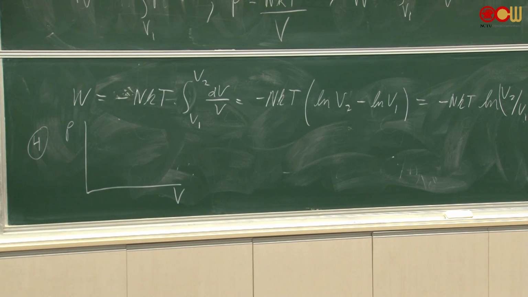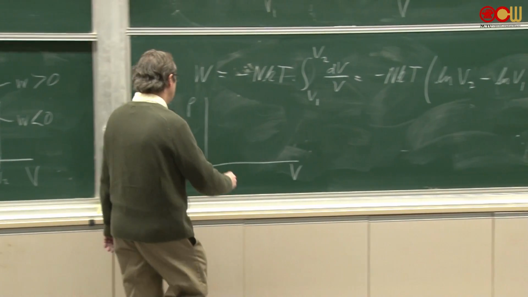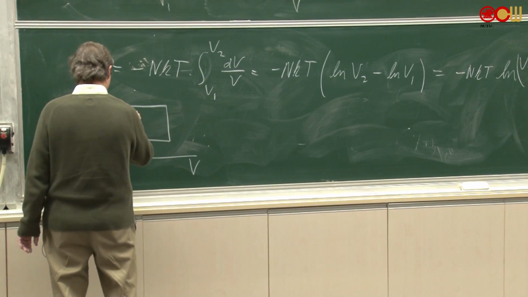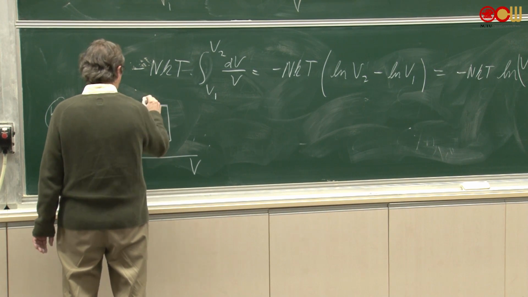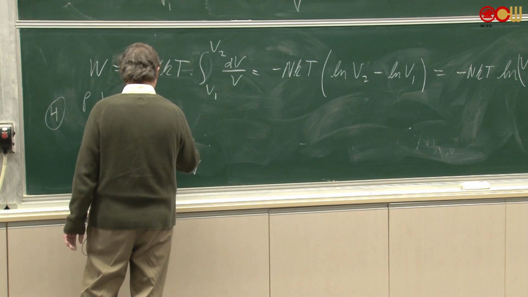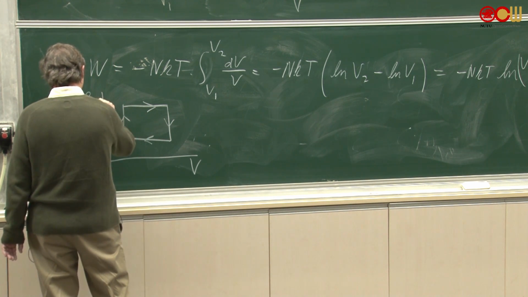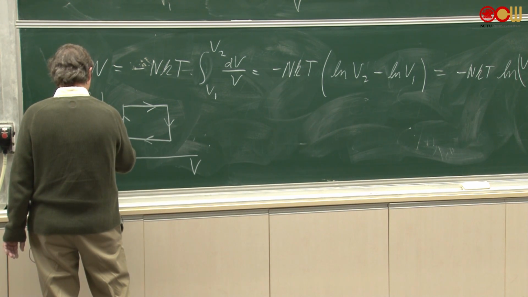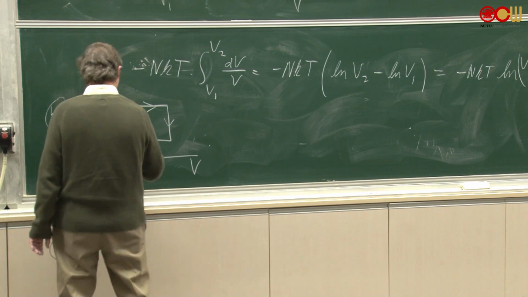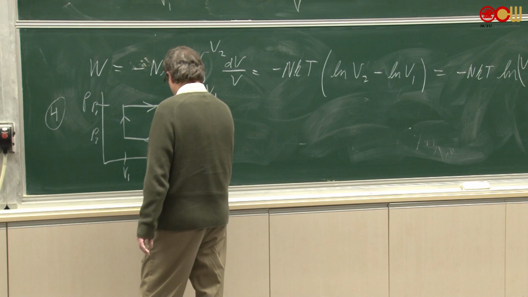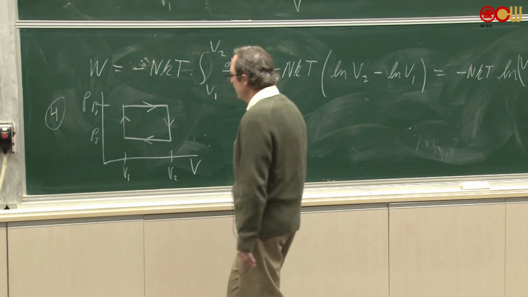So this is a typical kind of thing. All right, so you have that, you have that, you have that, you have that. Call that P1, P2, V1, V2. Okay?